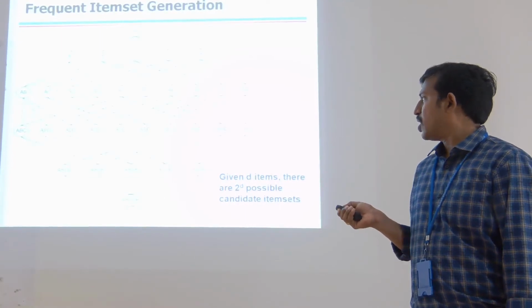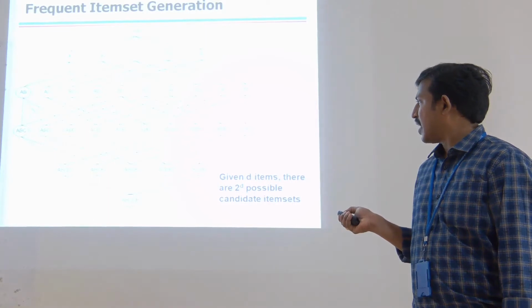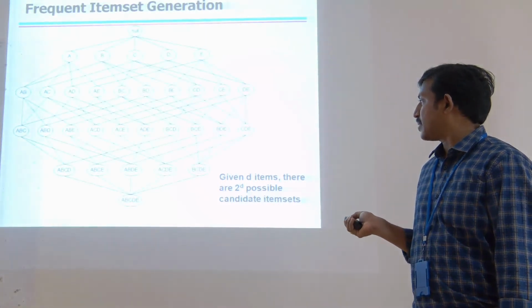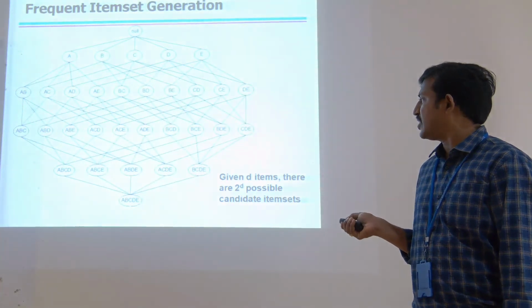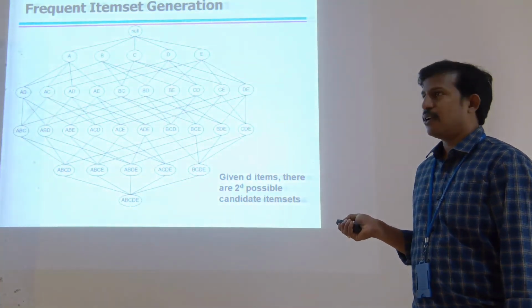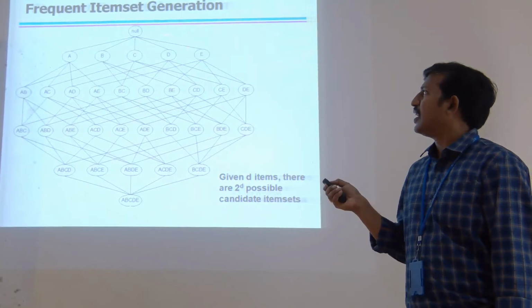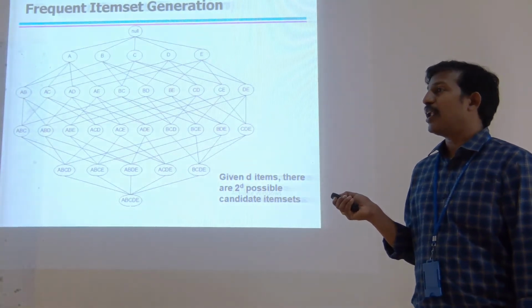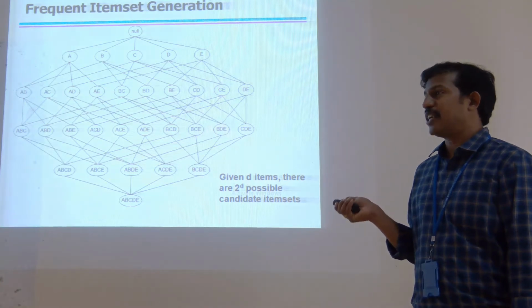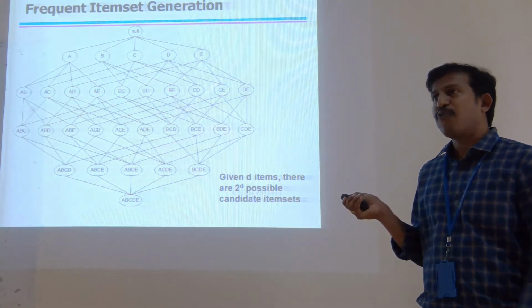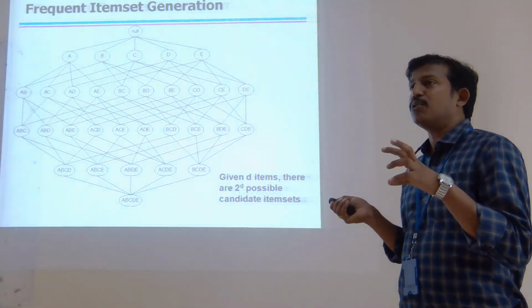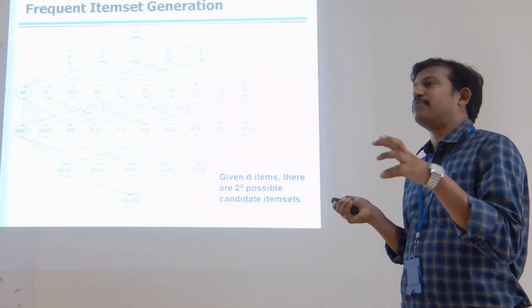For example, if I take d items, there will be 2 power d possible candidate item sets. 2 power d is an exponential number. Here, with 5 items, it is 2 power 5, so we may get 32 candidate item sets for 5 items.